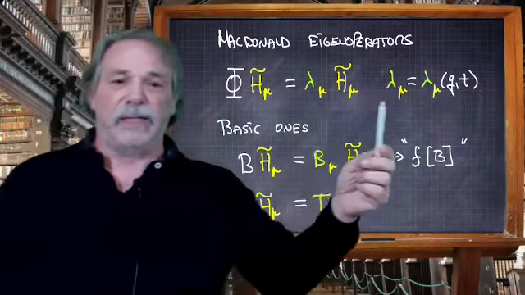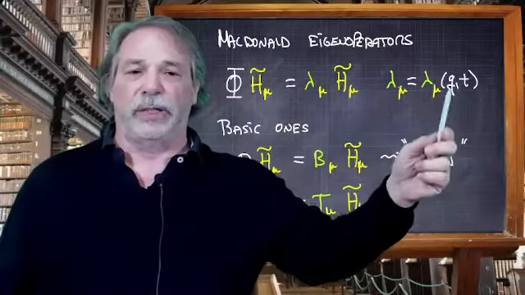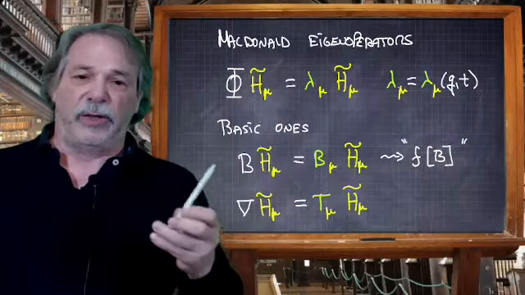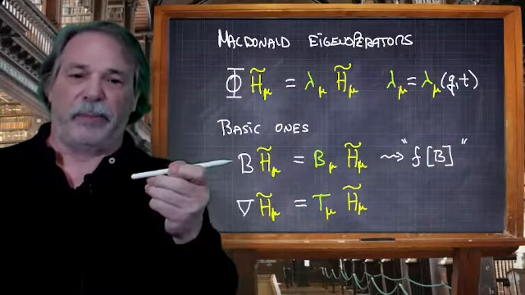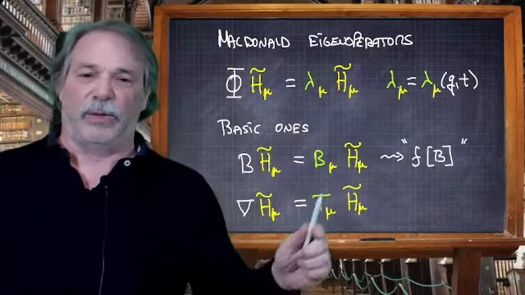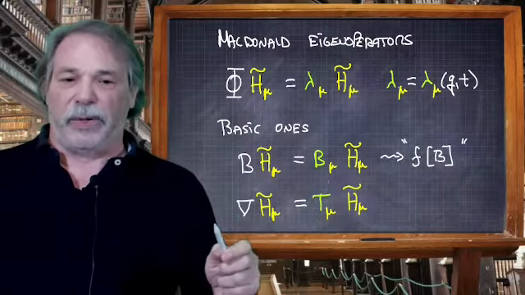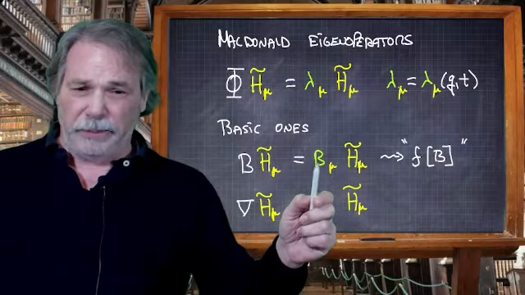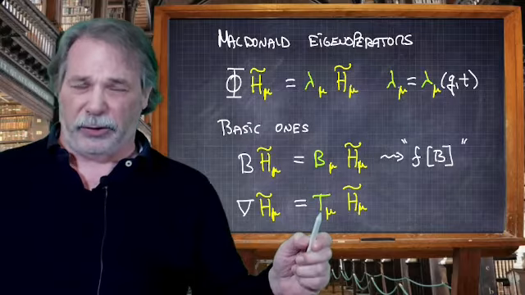These eigenvalues are some rational fraction expression in q, t or polynomial. And there are two basic operators at least, and more that are involved. There's the B operator, whose eigenvalue is B mu, and there's the nabla operator, whose eigenvalue is T mu. This is the sum of all the q^i t^j. This is the product of all q^i t^j.